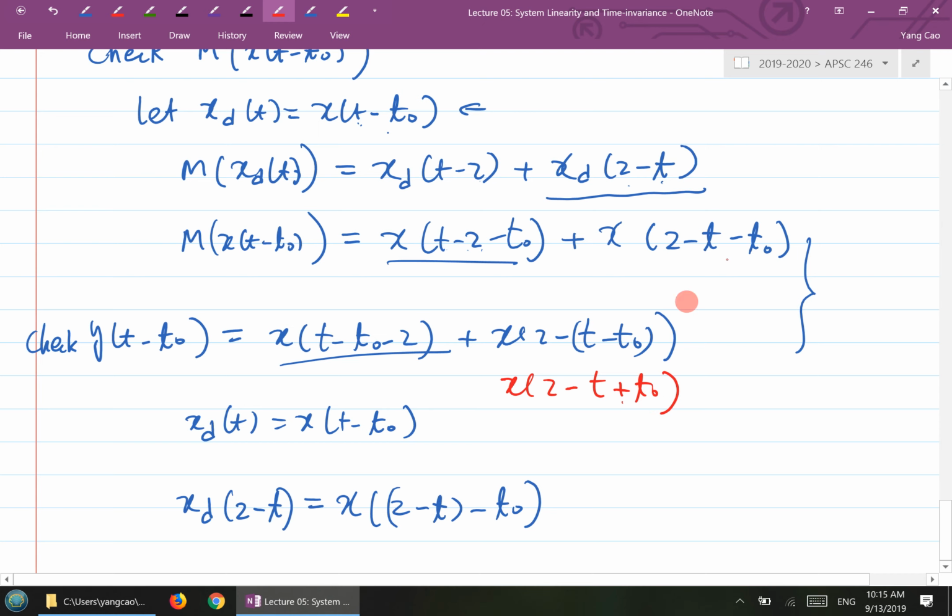So that's a subtle difference, right? Basically tells you that this is what kind of system? Time-invariant system. It's a very wicked example, but I think it's a good illustration of how to properly prove, how to properly substitute.